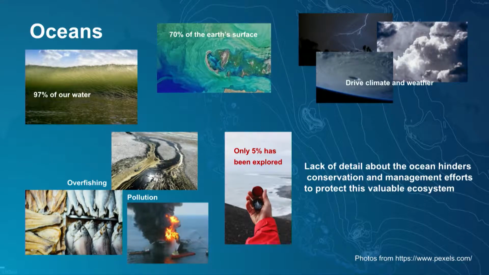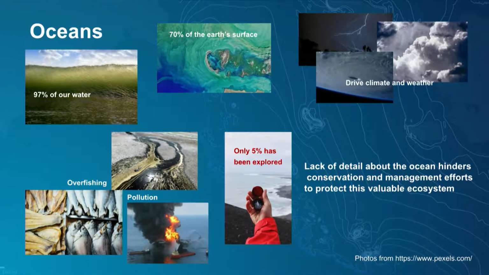So really the story is, where does this journey begin with an ocean mapping app? If you think about the fact that 97% of our water comes from the ocean, and 70% of our Earth's surface is covered by oceans. And oceans are incredibly important in driving climate and weather, and affect our lives, indirectly perhaps, but certainly affect it.